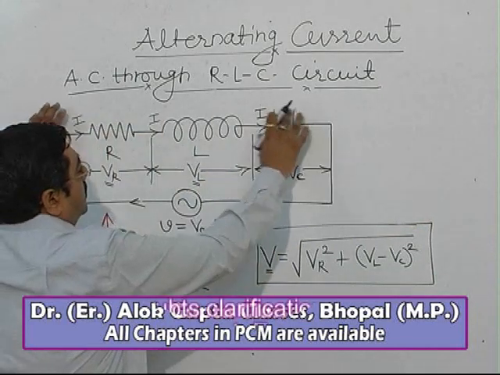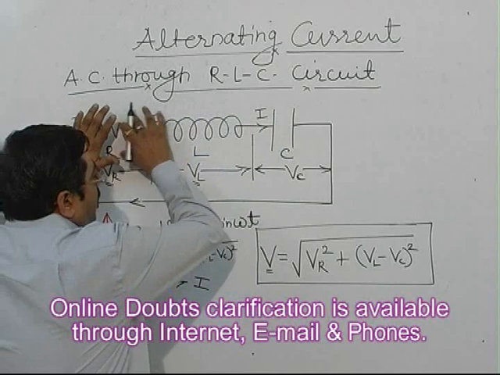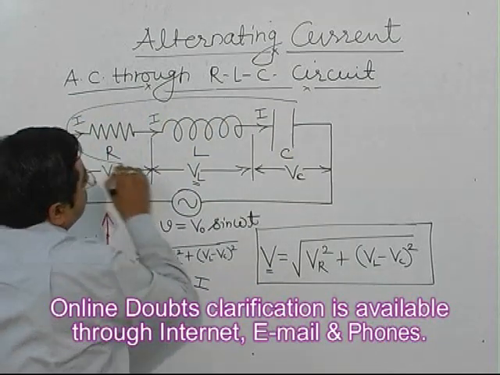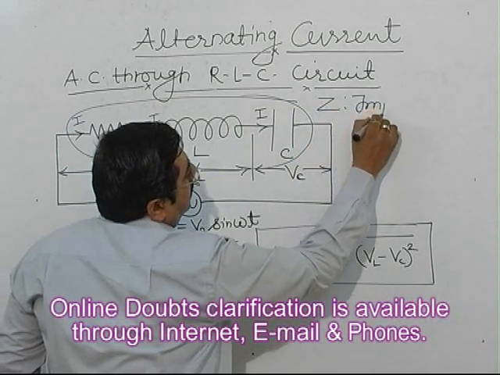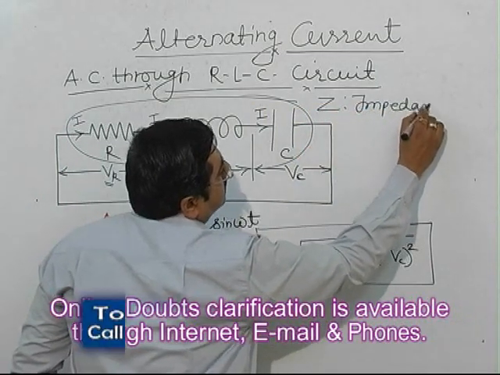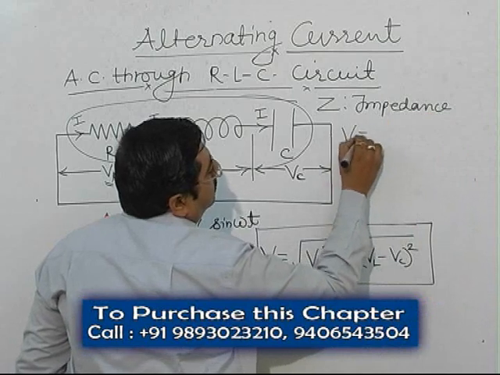Now I can write V. The sum total of the effect produced by all these three components is called Z. Z is called impedance. So what is the applied voltage?